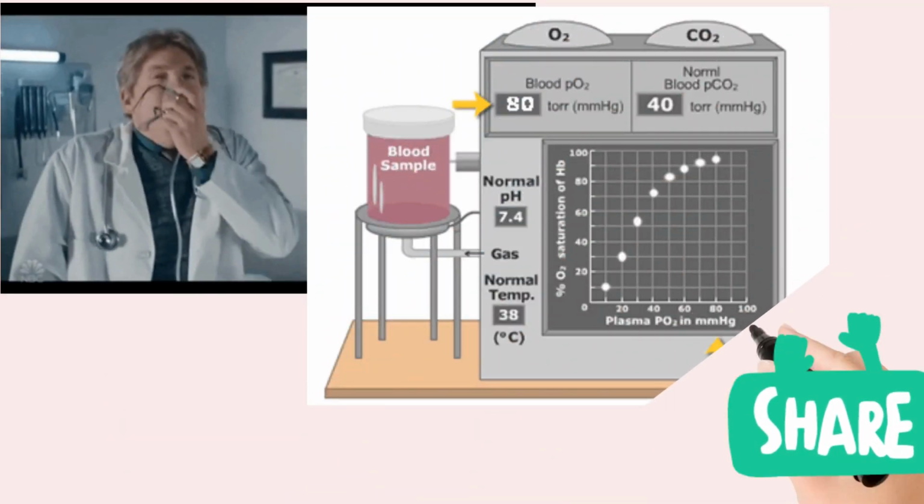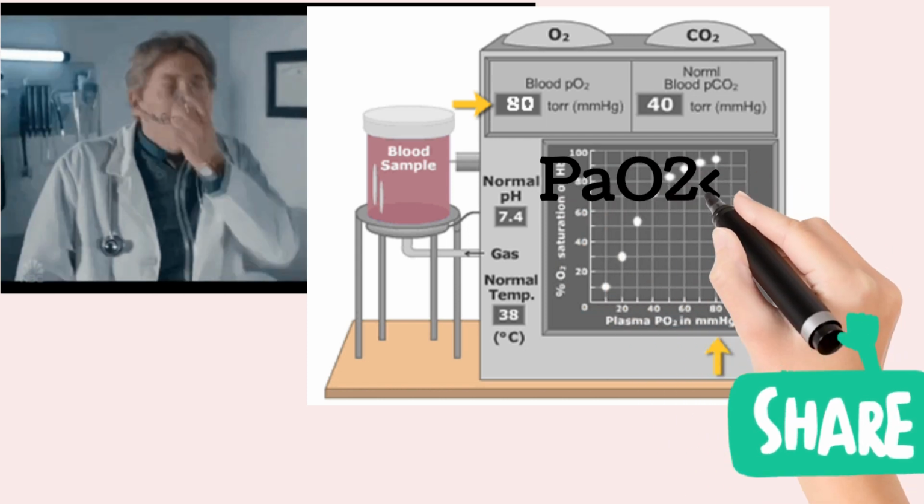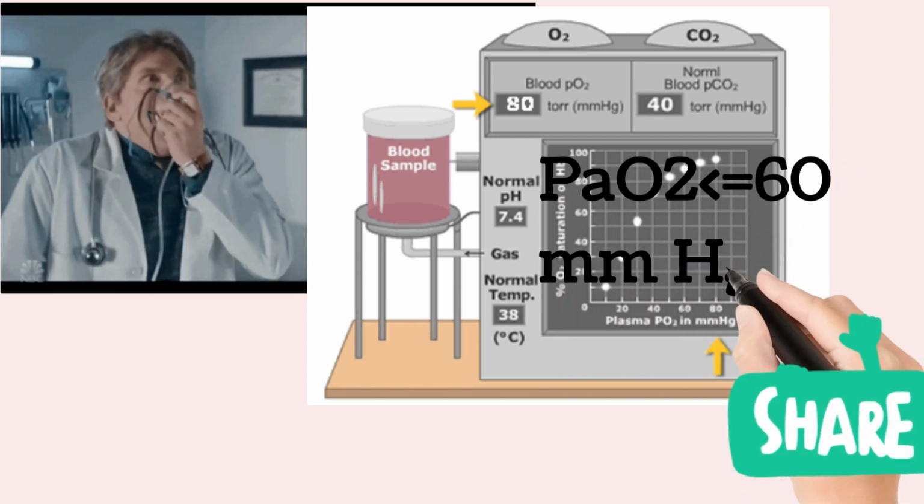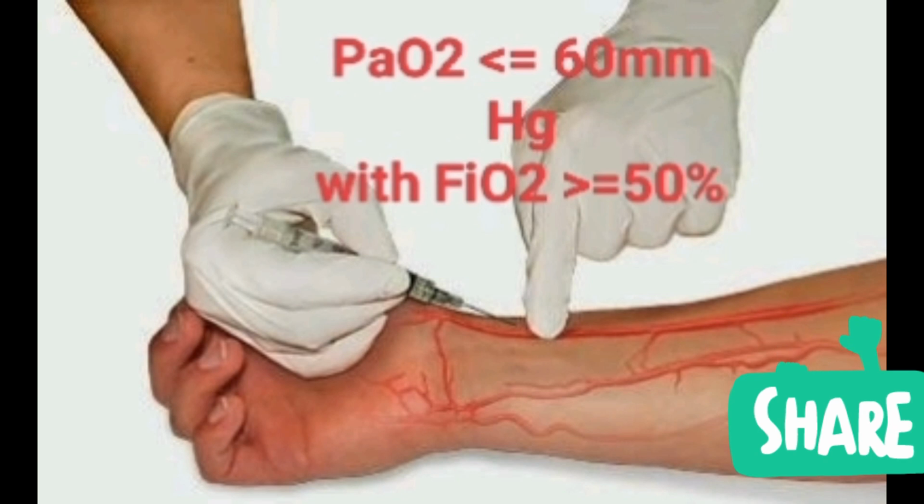Refractory hypoxemia is defined as hypoxia that responds poorly to moderate to high levels of oxygen. A helpful clinical guideline for refractory hypoxemia is when the patient's PaO2 is 60 mm of Hg or less at an FiO2 of 50% or higher.